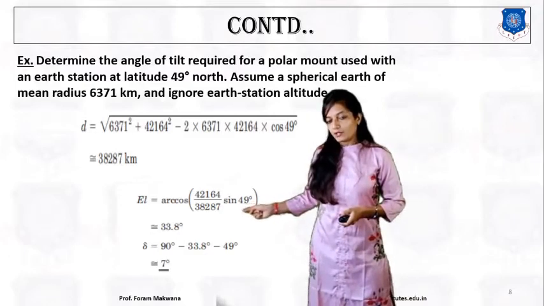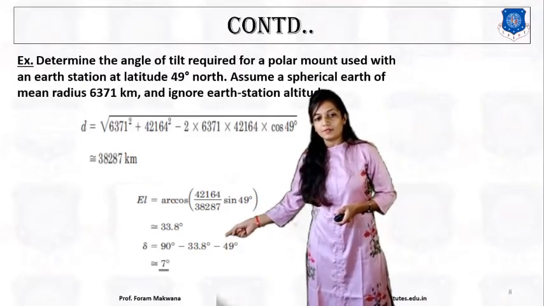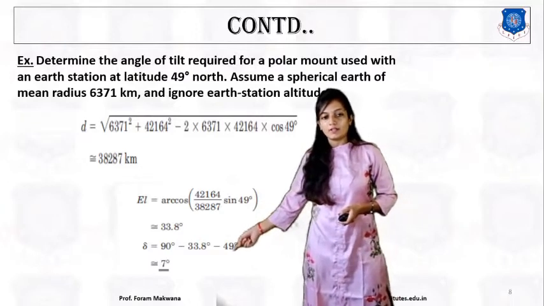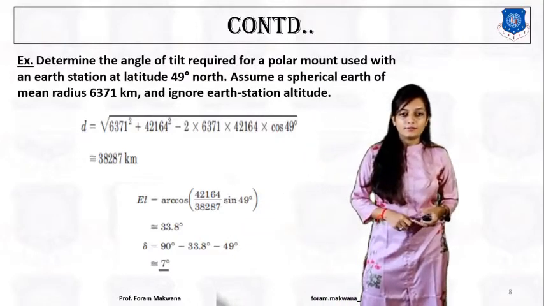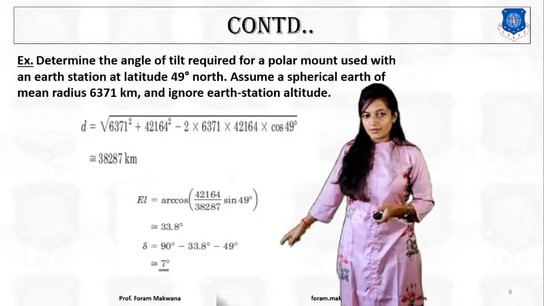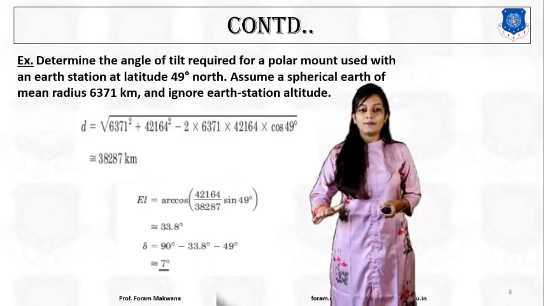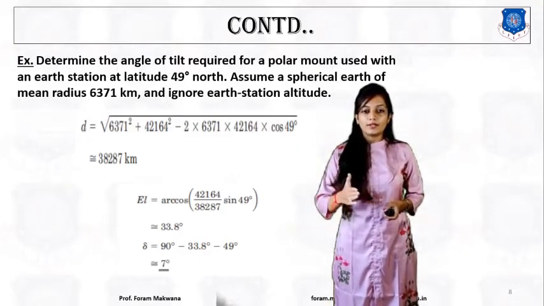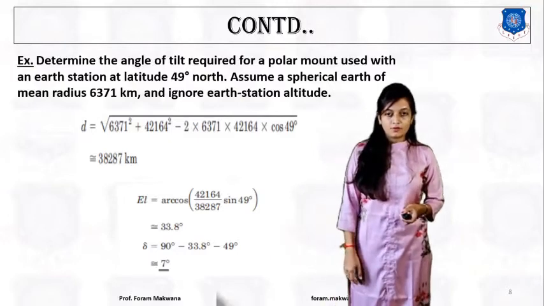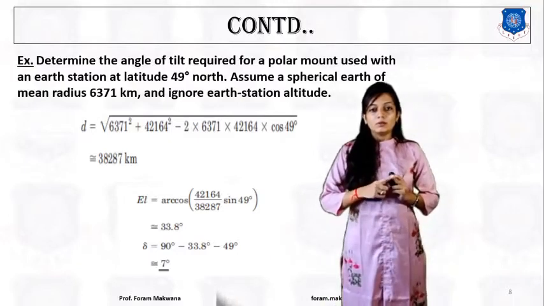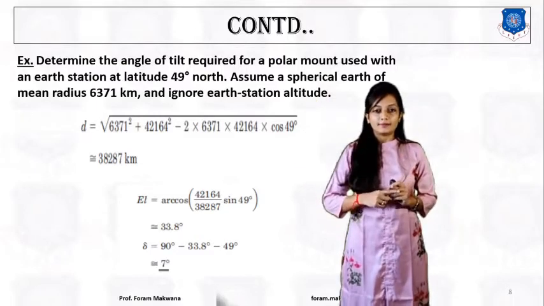The value of elevation angle comes from over here, and this is the latitude of the earth station. So the value of del is 7 degrees. So 7 degrees of antenna movement is required. That angle of tilt is required for matching the position with respect to the satellite.